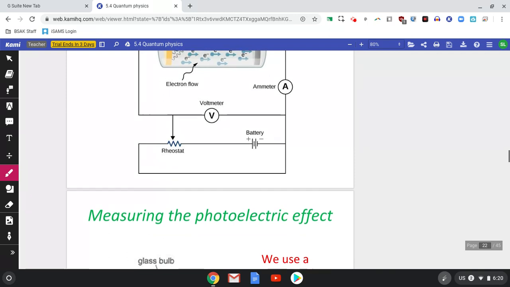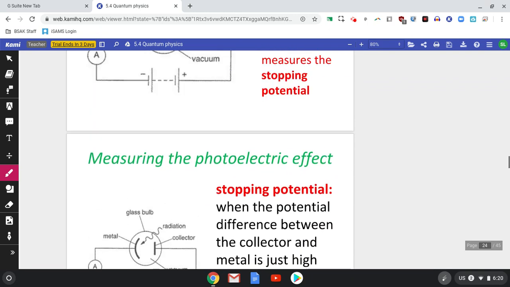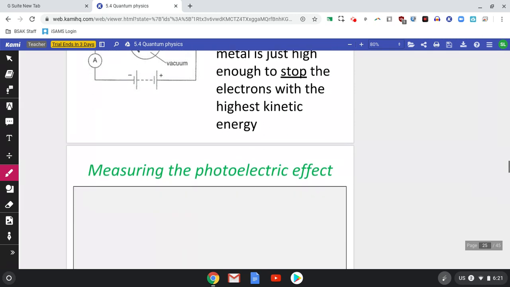Now, why is that useful? Any ideas? Well, if we know the stopping potential, if we know the potential difference that's required to stop the fastest electron, we can work out how much kinetic energy it has.